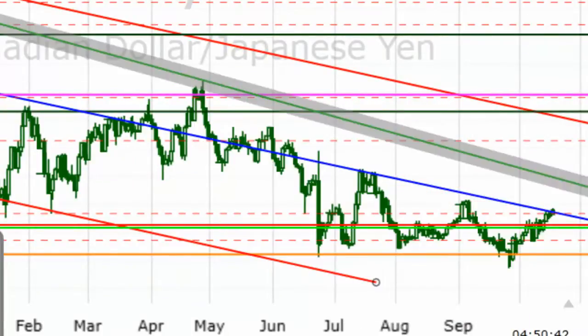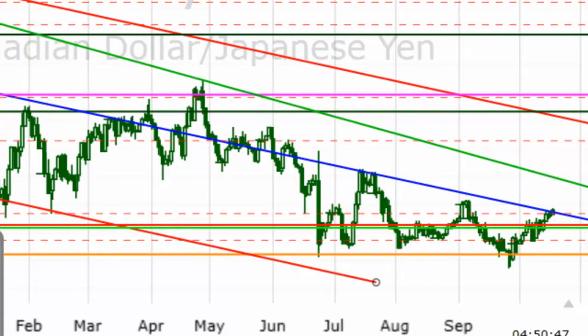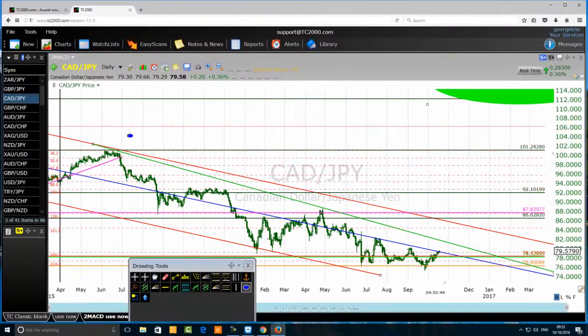Here it is. The green trend line, the green trend line connecting this point and this one here. All right. Are you with me? Are we all together? All right. Here it is. This point and this one here. So we have a bearish trend line.